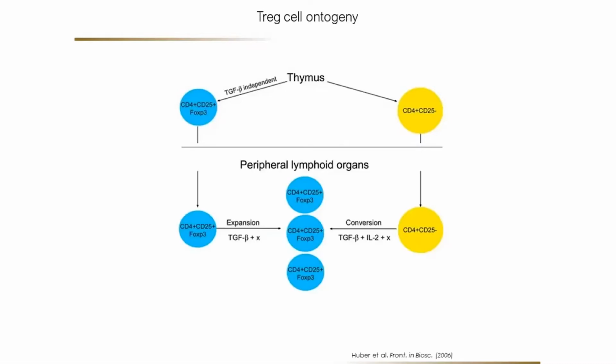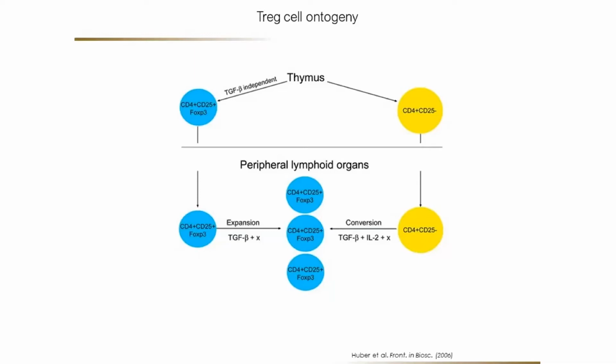However, another type of regulatory T cell occurs in peripheral lymphoid compartments where they are induced from naive T cell precursors, and these regulatory T cells are mostly involved in tolerance to other foreign antigens, so commensal bacteria or food.